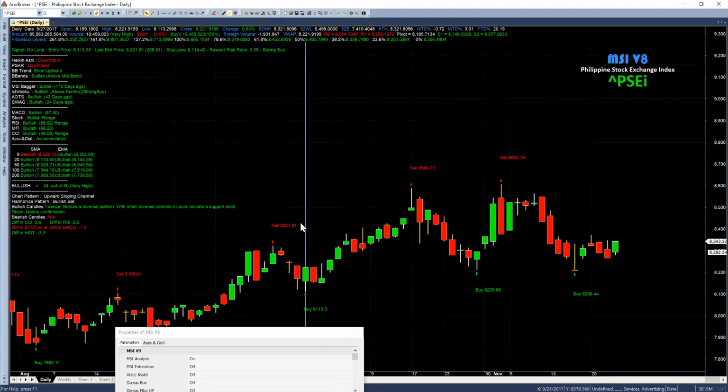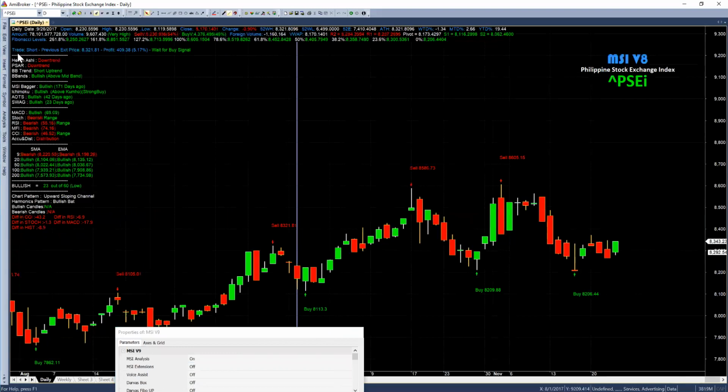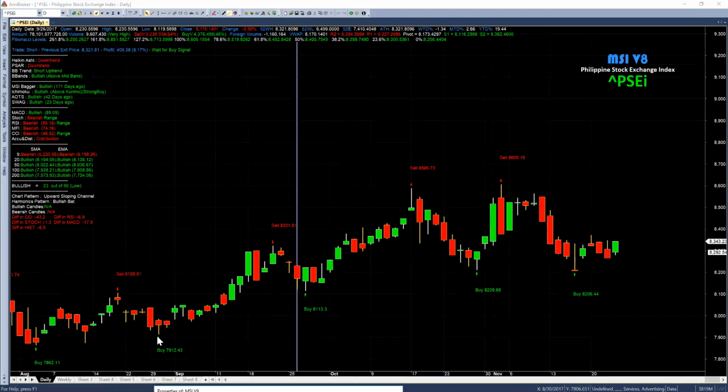So, habang wala pa yung buy signals, sasabihin niya sa inyo na mag-trade lang kayo ng short kasi wala pang buy signal. Wait for buy signal. This one is your previous exit price, which is the last sell signal. And then yung profit calculation niya is from this range to this range. So that's 5%.